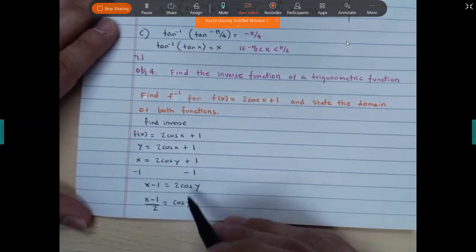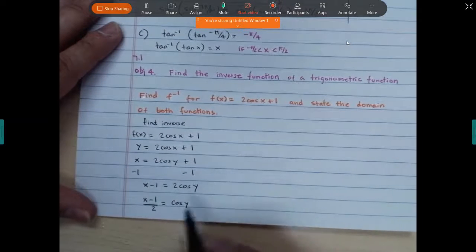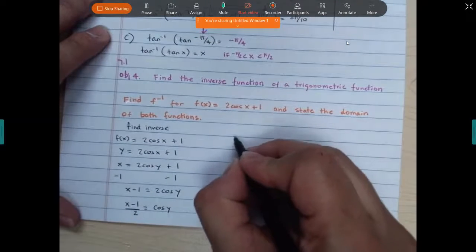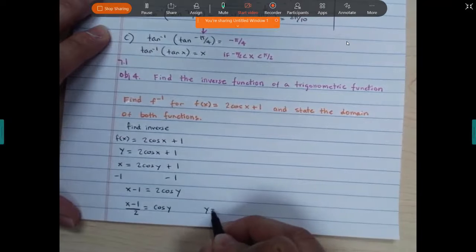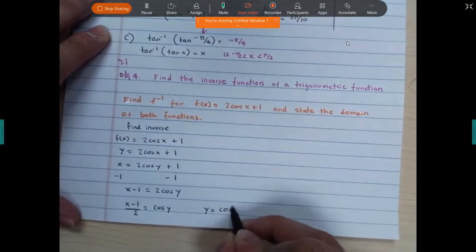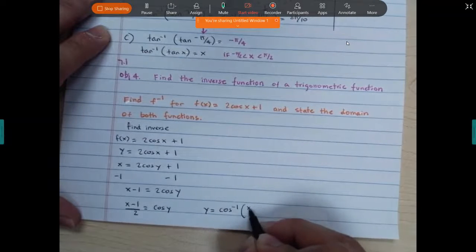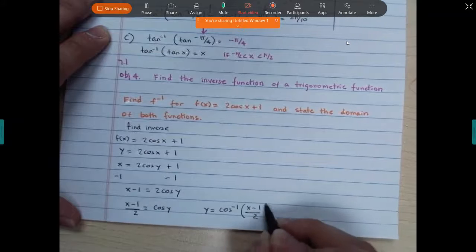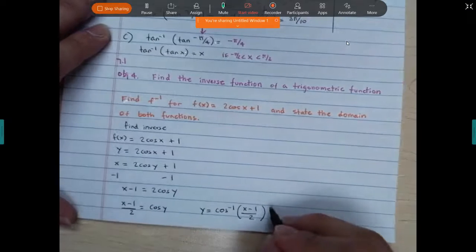Remember that in this process, we're trying to solve for y. In order to get y by itself, we will need to use the inverse cosine. So, the equation y equals the inverse cosine of x minus 1 over 2 is the inverse of f.